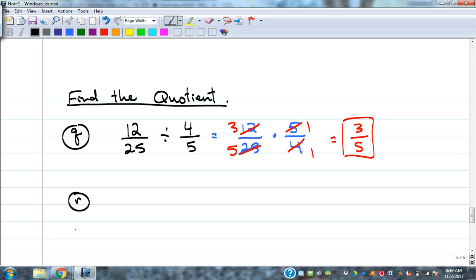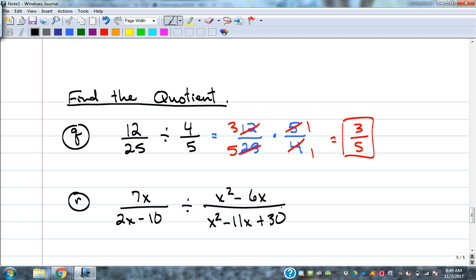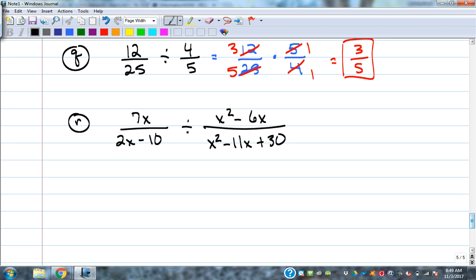Let's throw a polynomial involved. 7x over 2x minus 10 divided by x squared minus 6x over x squared minus 11x plus 30. JP asked a great question. Can you factor before you flip it?